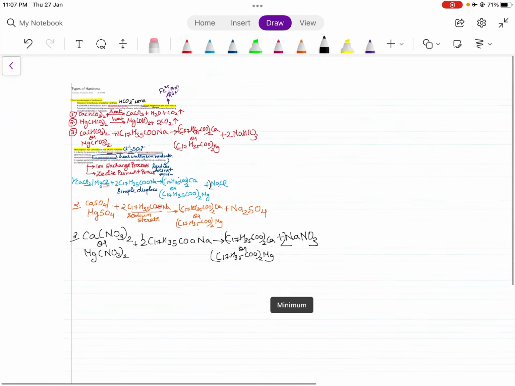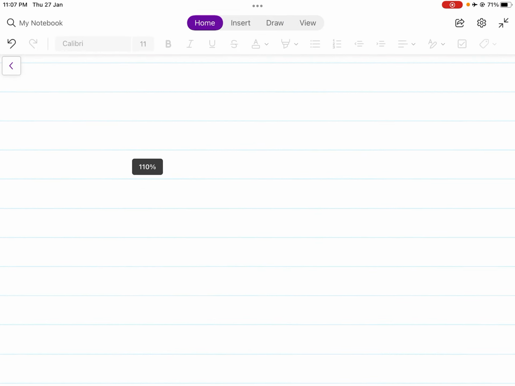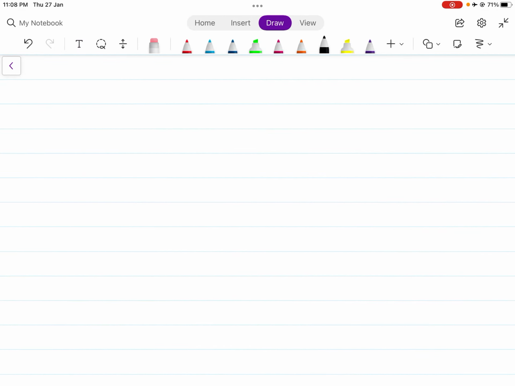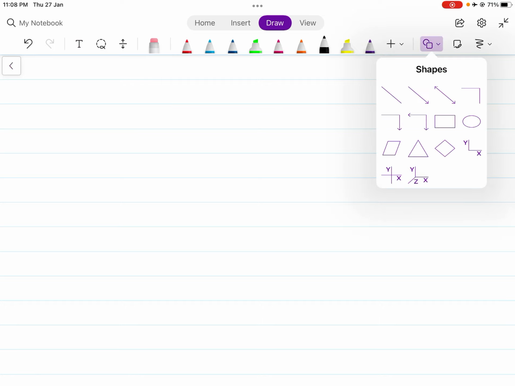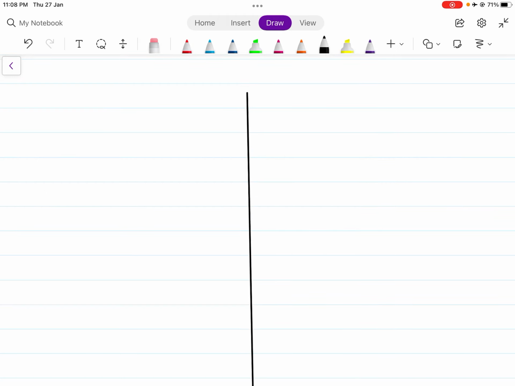Okay, so this part is over. Now the next thing which we are going to check is very simple. It is the difference between permanent hardness and temporary hardness.